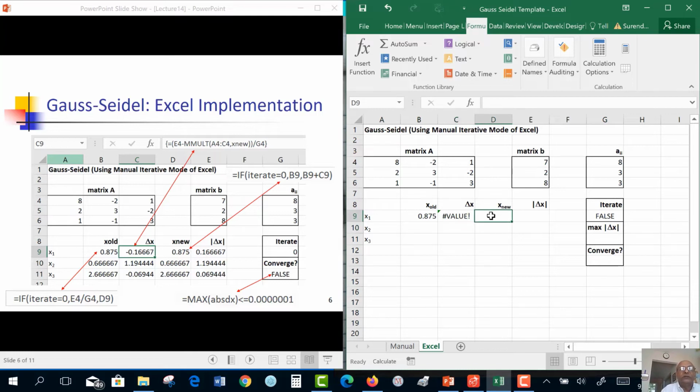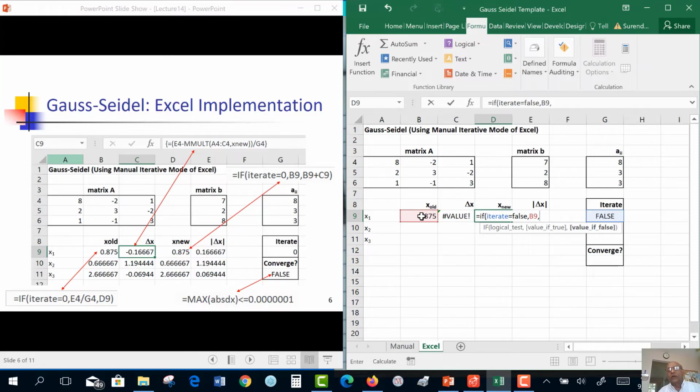Okay, what is our X new? If iterate is equal to false, then our only value is the old one, so X new is X old.